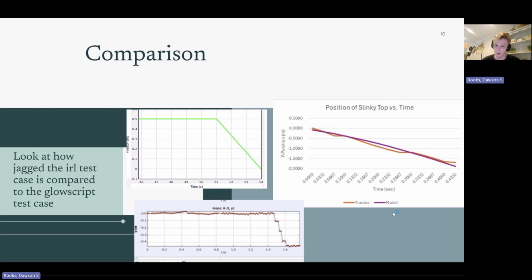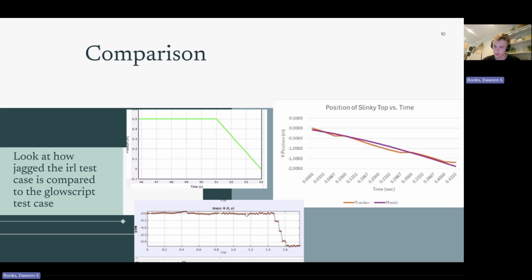Here is our comparison between the various outputs. In the middle one, we see the same graph as the last slide, and we have just a perfectly flat straight line, and then a line at an angle representing the falling motion of the bottom of the Slinky. It doesn't start to fall until a certain point and then it falls. And we see a similar trend in the Tracker graph.